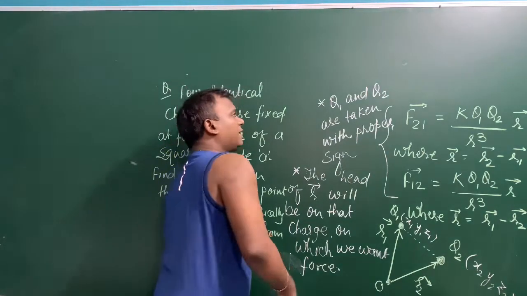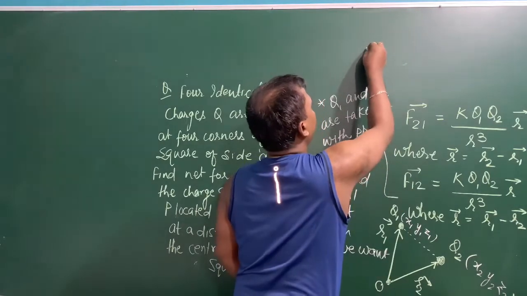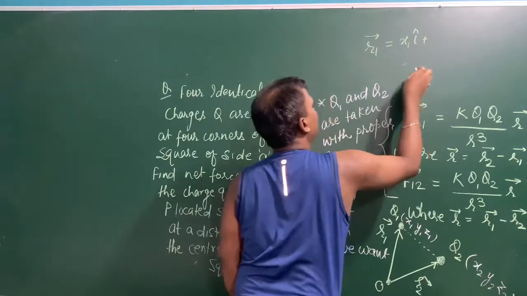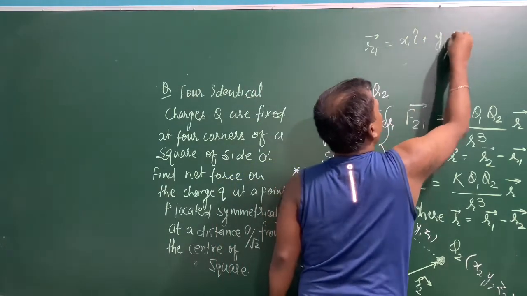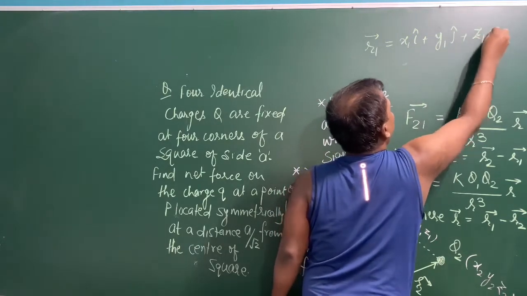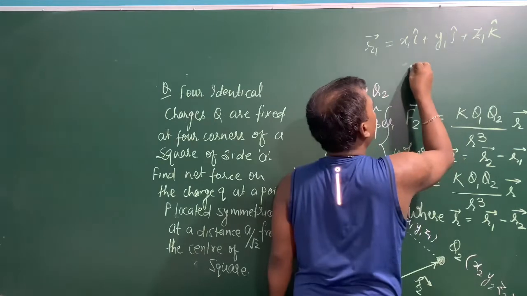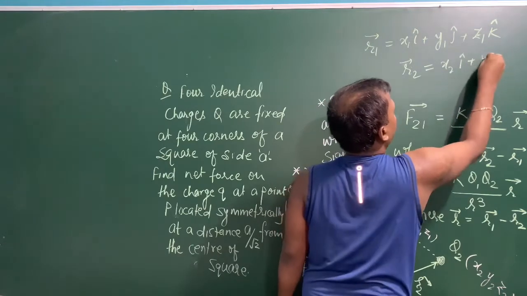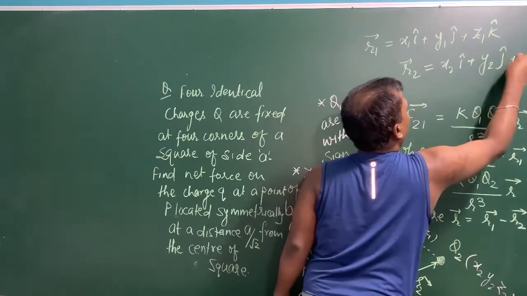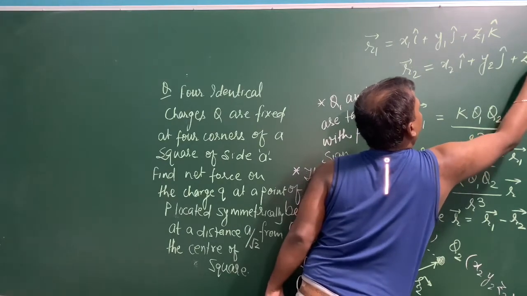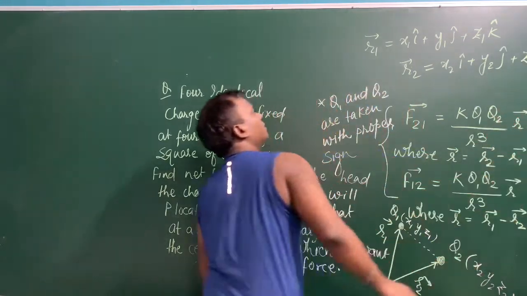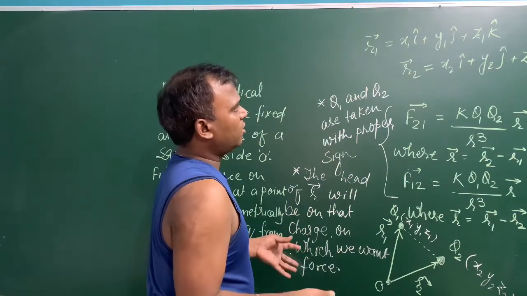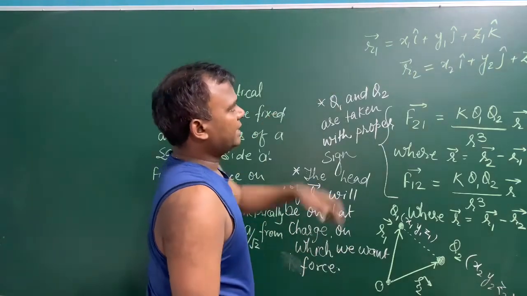So we can write R1 vector is equal to x1 i cap plus y1 j cap plus z1 k cap, and similarly R2 vector can be written as x2 i cap plus y2 j cap plus z2 k cap. So this is how we write a position vector if the coordinate of a location or a point is given. It is like this, R1 and R2.